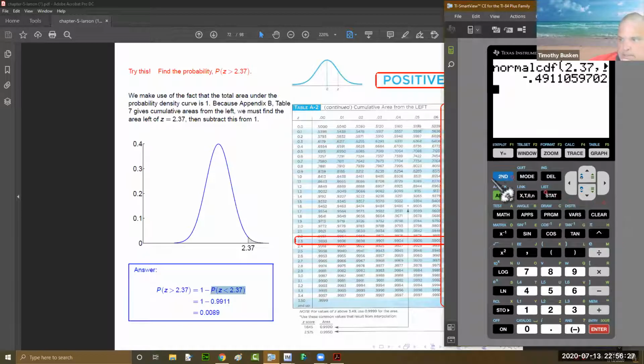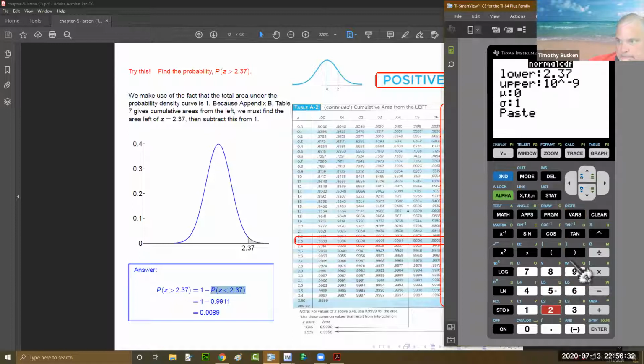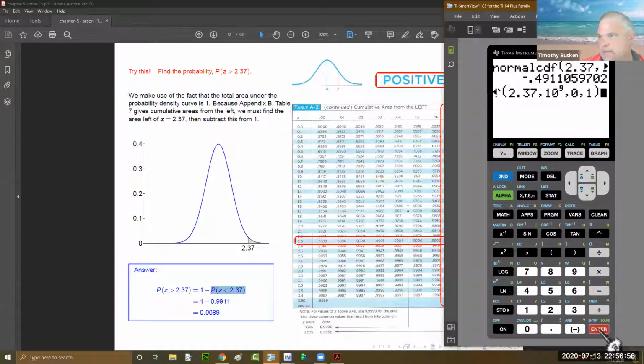It seems like I made a mistake. Let's find out where it is. Upper is going to be 10 to the minus, oops, not 10 to the minus 9. It needs to be 10 to the 9. Okay, so that was the mistake I made. Because see, 10 to the minus 9 is almost 0, and my upper boundary needs to be an approximation of infinity. And you can see, look, we're getting the same answer as what we got using the z-table.